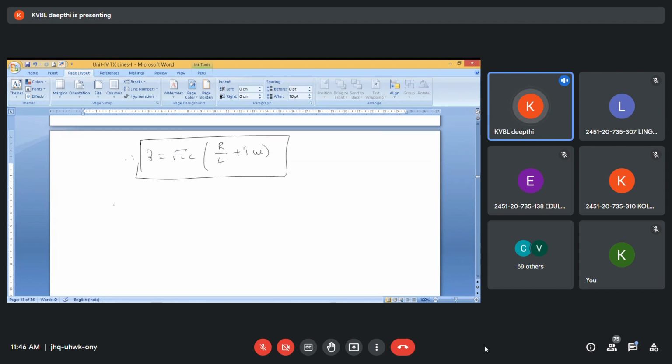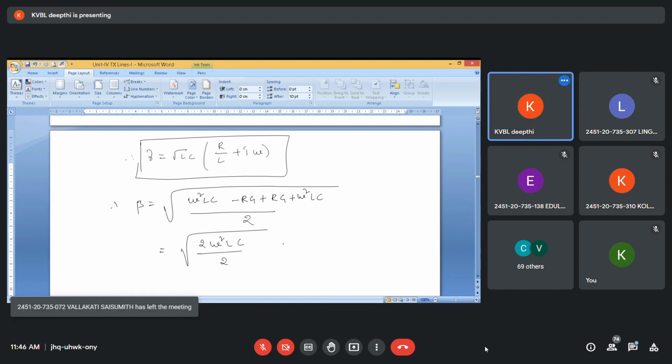Beta equation: beta is equal to root of (omega square LC minus RG plus omega square LC) by 2. Now what is left here? This will become 2 omega square LC by 2. So which implies beta is equal to omega into root LC.